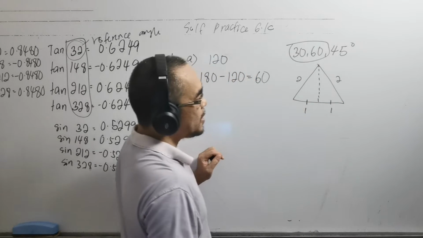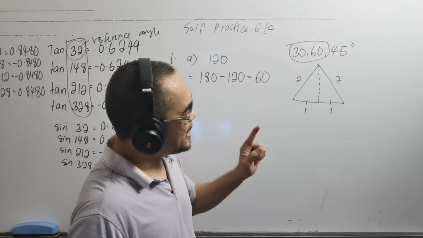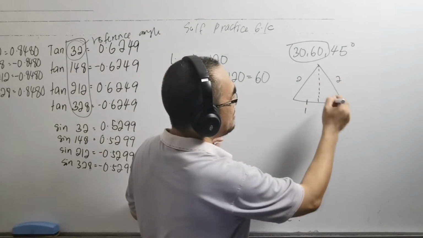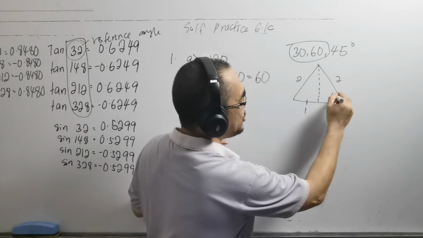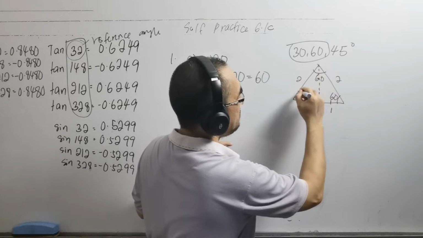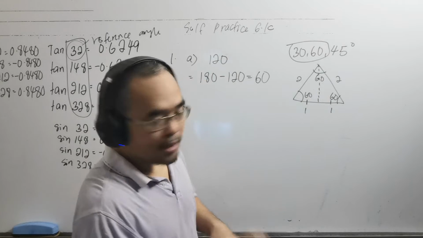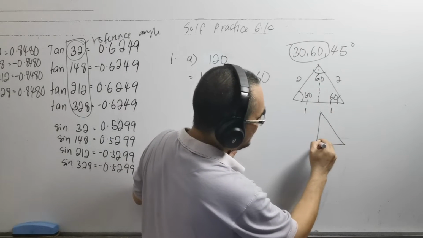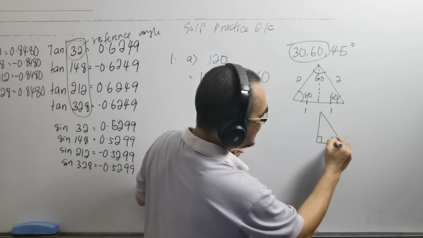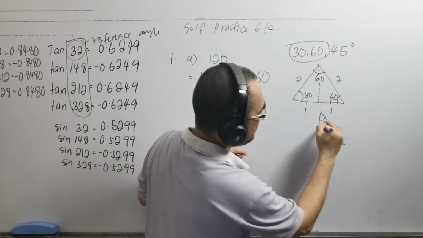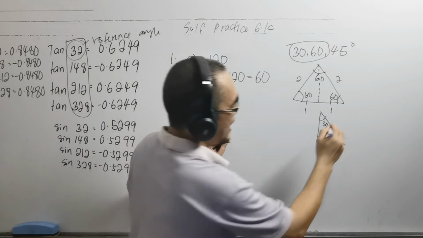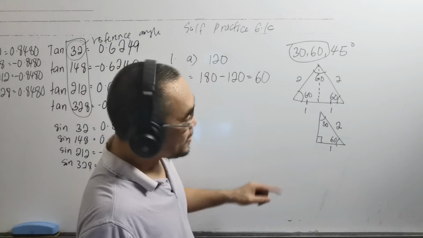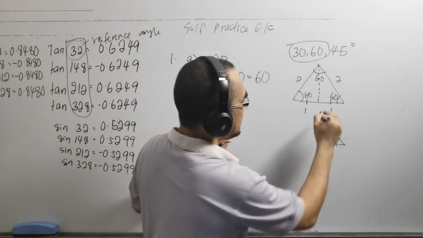Since this is an equilateral triangle, the angle will be 60 degrees each. When you cut it into 2, you get 90, 60, and 30. The side here is still 2, and the side here becomes 1.